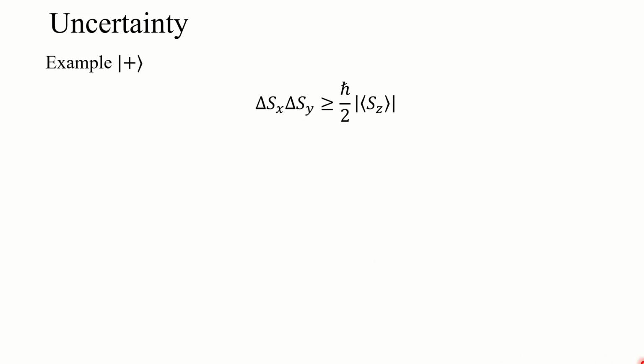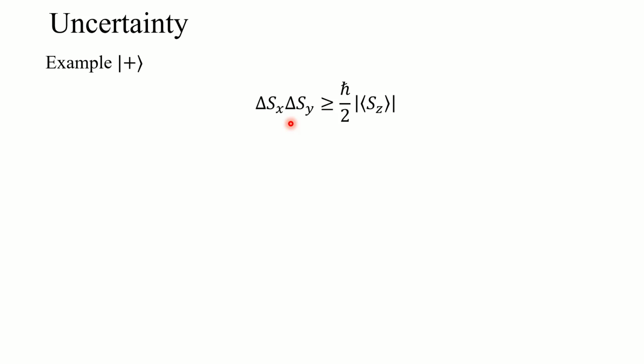So for example, if we have a spin up in the z direction system, we've prepared our beam of atoms in a spin up state, and we want the uncertainty relationship for the Sx and Sy operators, the uncertainty in Sx times the uncertainty in Sy is going to be ħ/2 times the expectation value of the spin in the z direction operator.